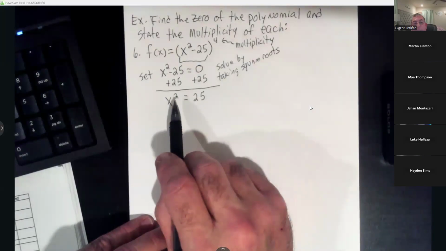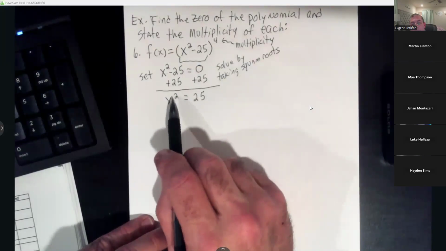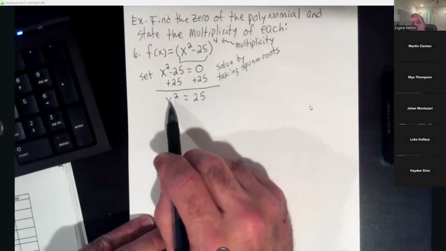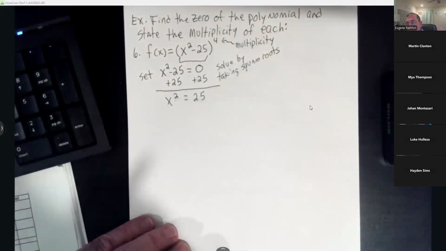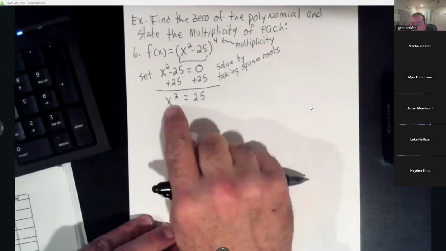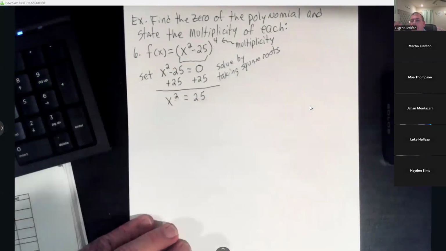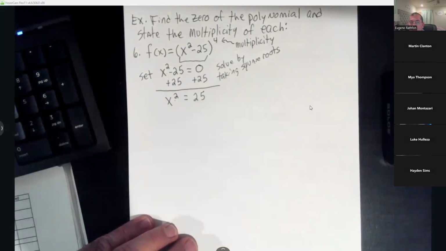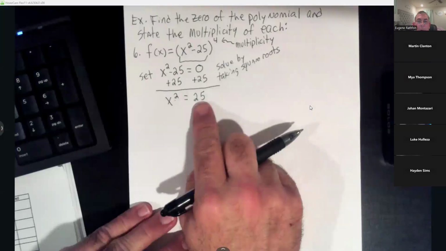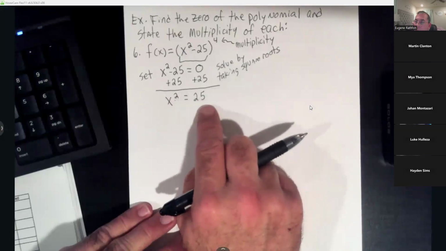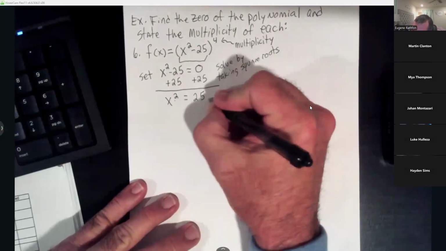Now, when you're solving equations, the exponent on the variable lets me know how many answers I'm going to get. So since I'm dealing with an x squared, I got to get two answers, okay? Just like when we did the quadratic formula, and just like if you'd have factored it. So at this point, what I'm going to do is take square roots of both sides.